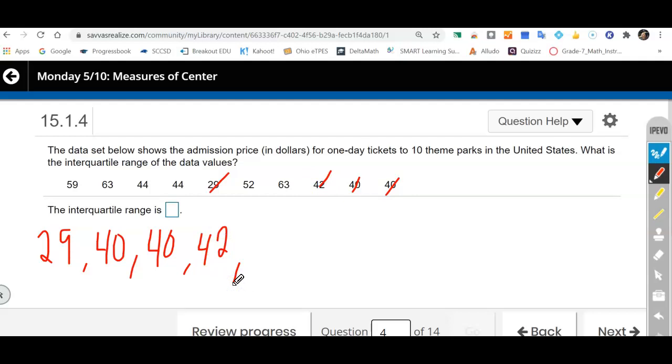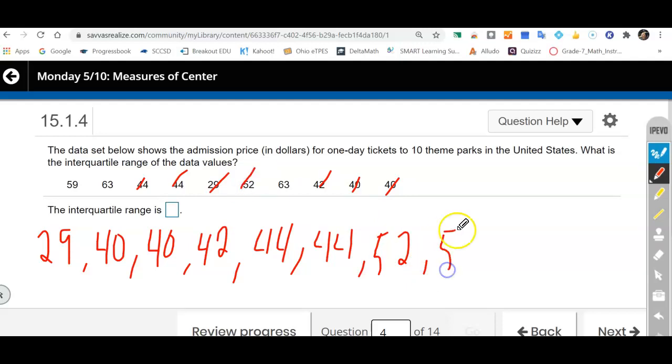Can't hear. 44. Another 44. What else? 52. 59. 63 and 63. All right, so remember interquartile range.